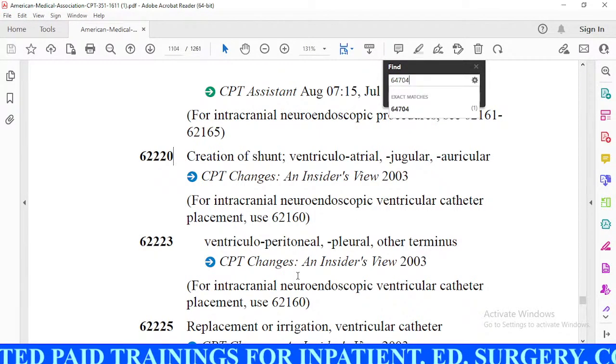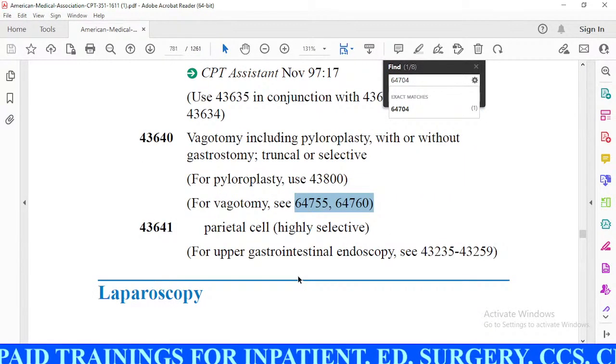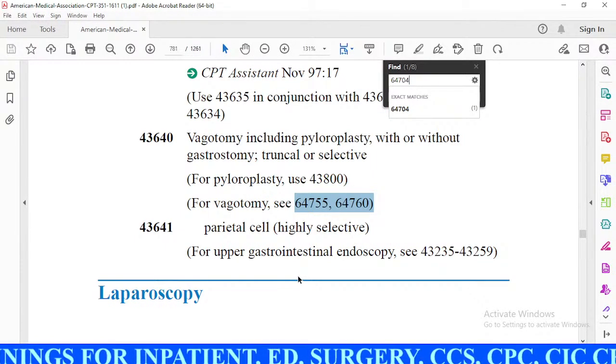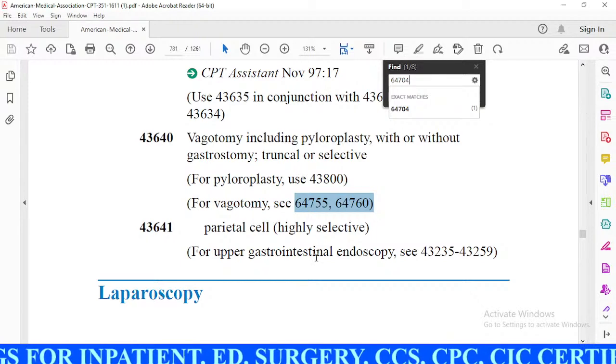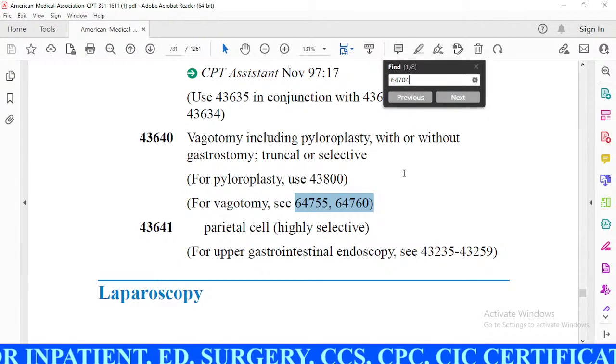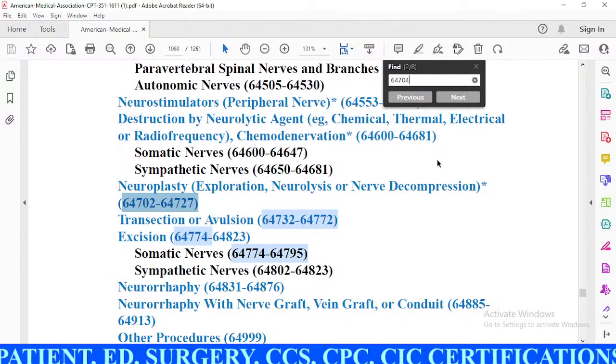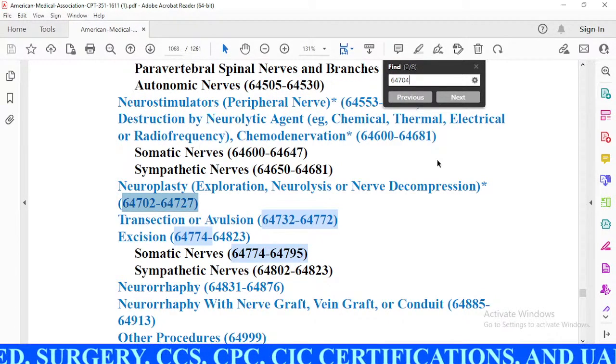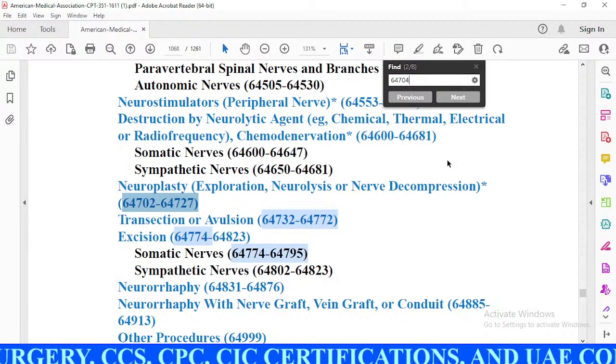In a spine procedure also, if you find decompression, the physician is clearing the way for the nerve roots. So first one, 64704.